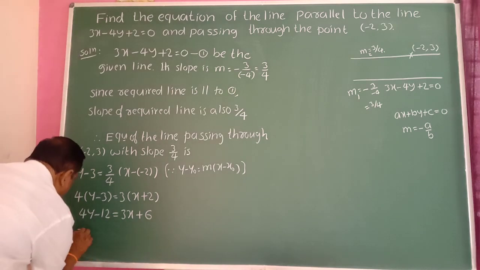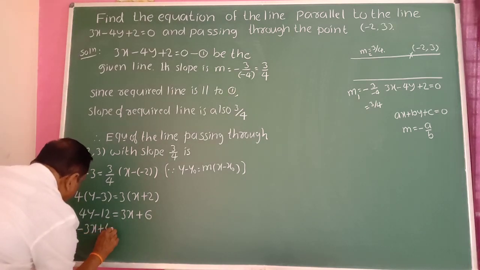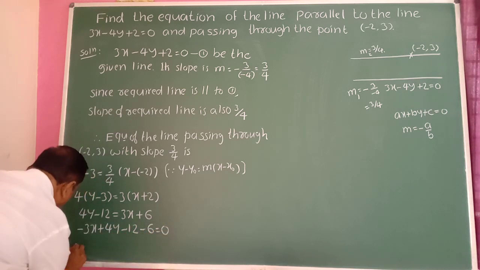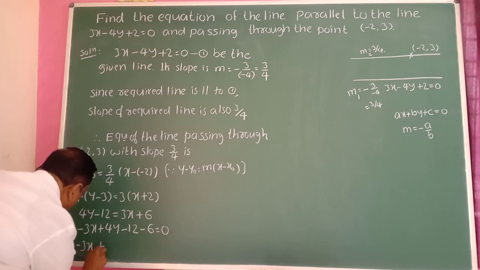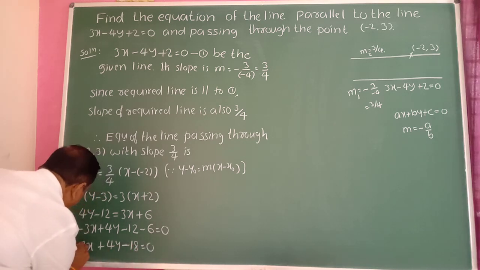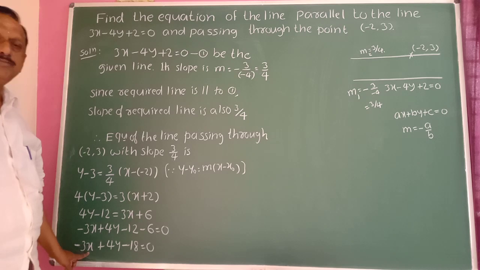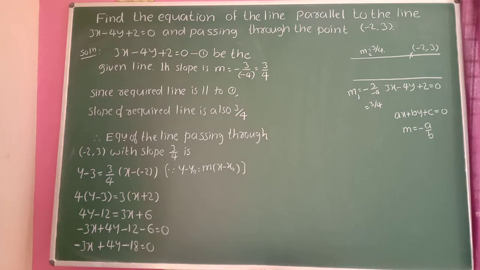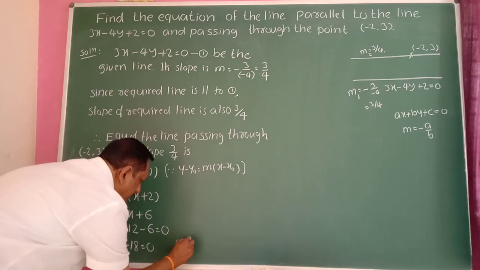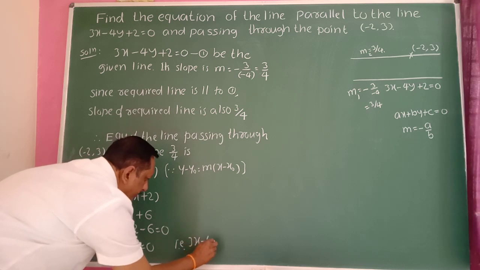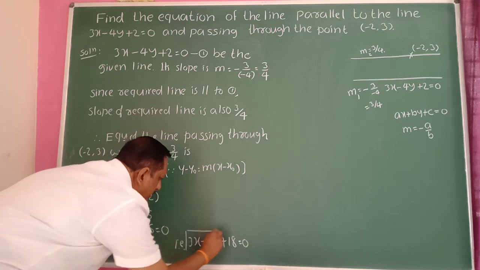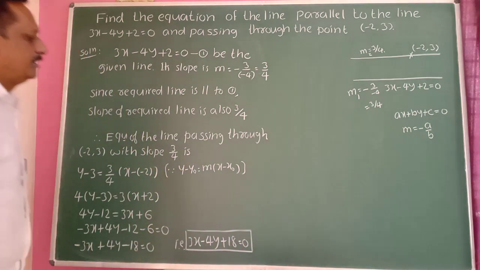So minus 3x plus 4y minus 12 minus 6 equal to 0, or minus 3x plus 4y minus 18 equal to 0. Usually the x term is always positive, so multiplying both sides by minus 1, we get 3x minus 4y plus 18 is equal to 0. So this is the required equation of the line.